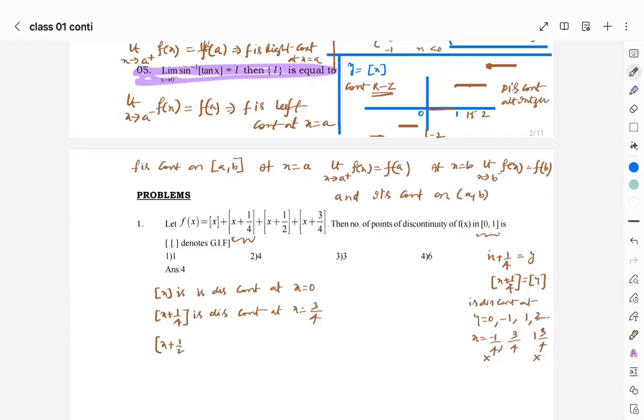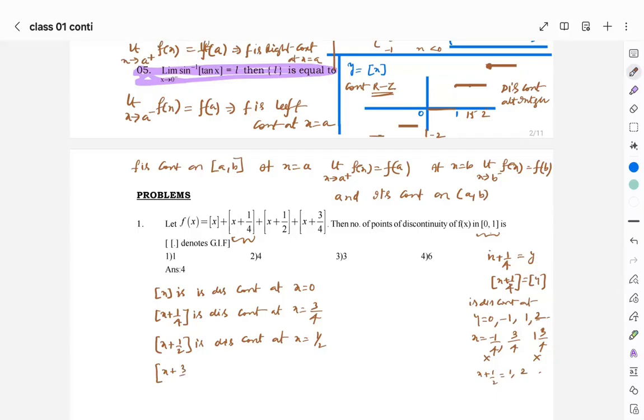Step of x plus half is discontinuous similarly at x equal to half. Take it as y. X plus half should be 1, x will be half. X plus half is 1 or 2 like that. If you take 2, x will be 1.5, which is outside the closed interval.